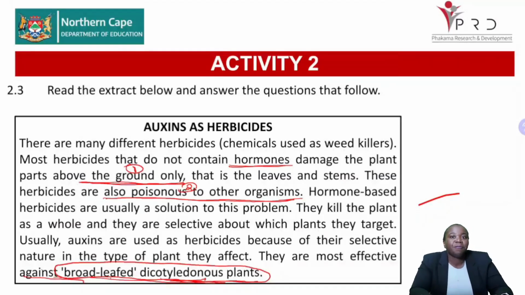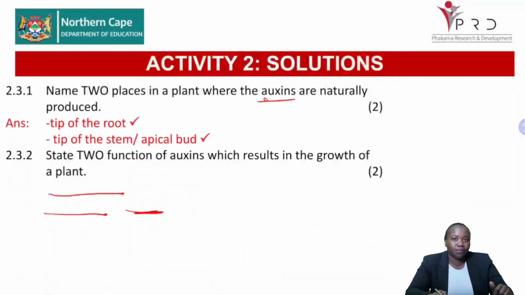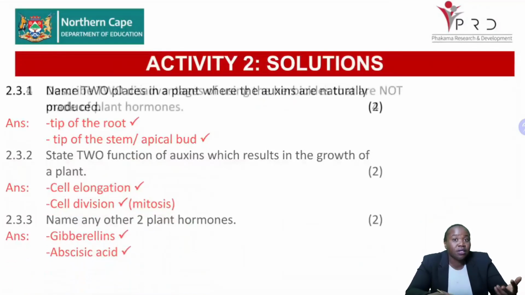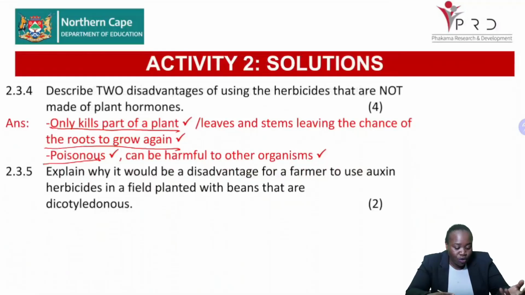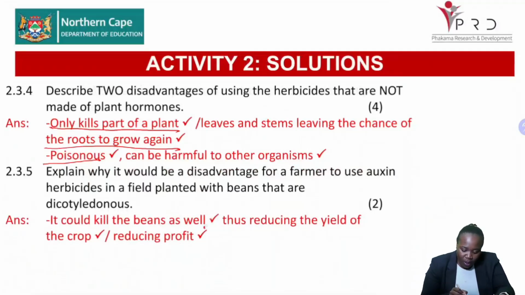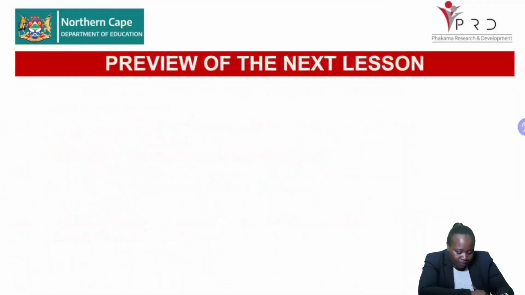Therefore, they will also be affected by that herbicide, meaning that your crop yield would be reduced. You will not produce enough yield because they are also damaged or harmed by your herbicide, right? It could kill the beans as well, thus reducing the yield of the crop. So it means that there is going to be a reduced profit as well.